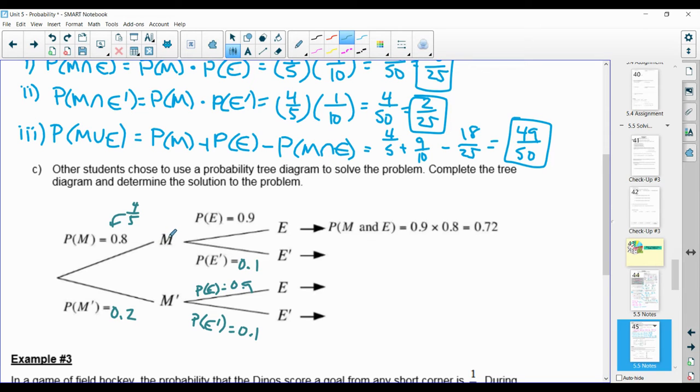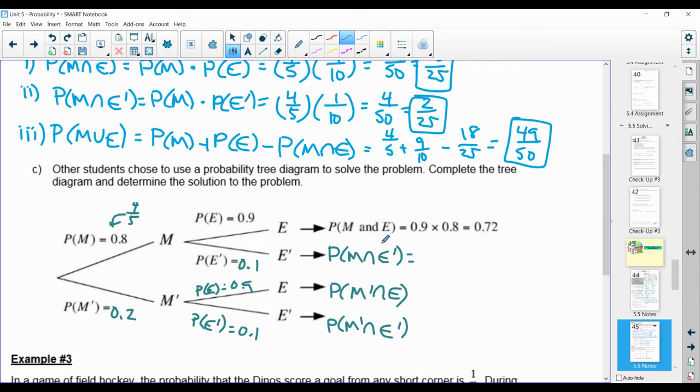The first one is the probability of passing math and passing English. And then we have the probability of passing math and failing English, the probability of not passing math and passing English, and then the probability of not passing math and not passing English. Using the tree diagram helps us to guarantee that we get all of our possibilities listed out.